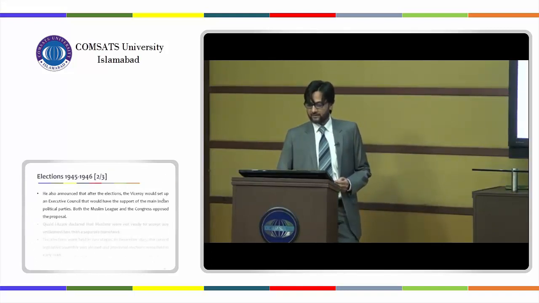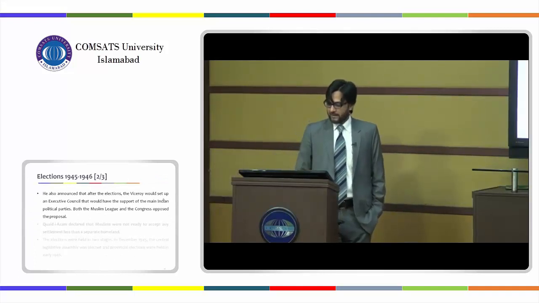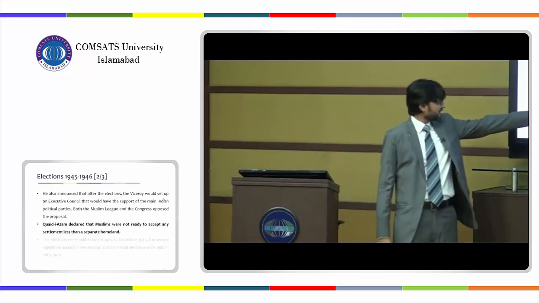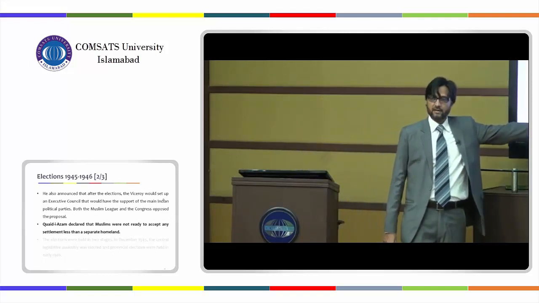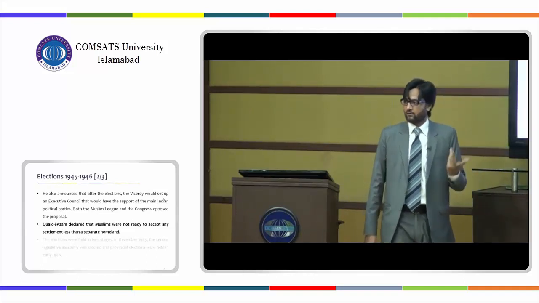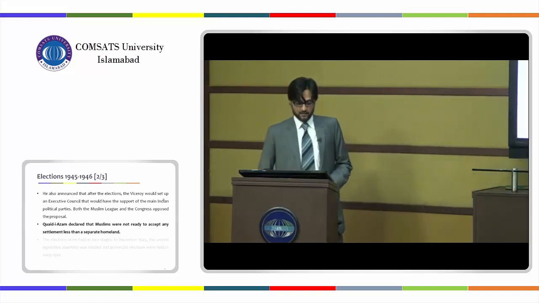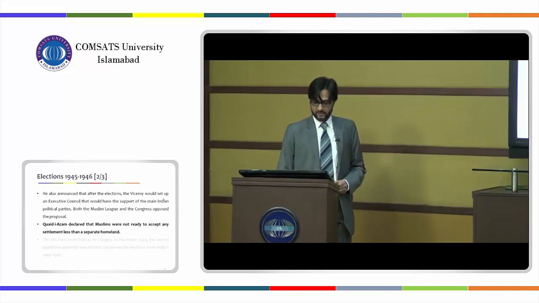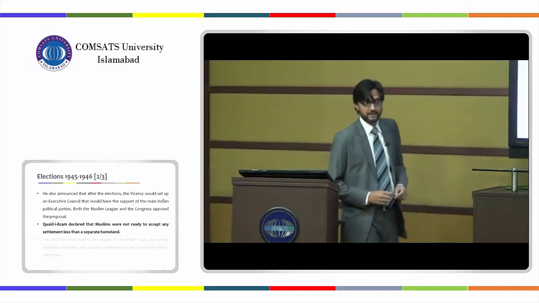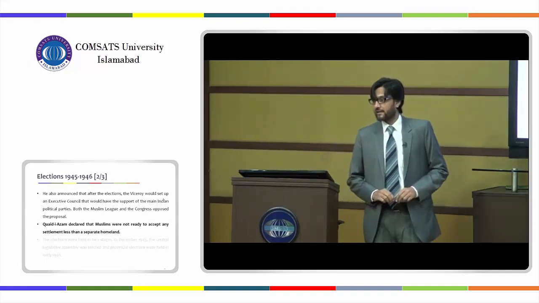Now, in those elections, first of all, Quaid-e-Azam declared that we cannot accept anything less than a separate homeland. This was kind of the slogan for the Muslims, right? This slogan was very much popular at that time, and as we have studied, in the 1936-37 election, the Muslim League could not secure a majority in any of the provinces.